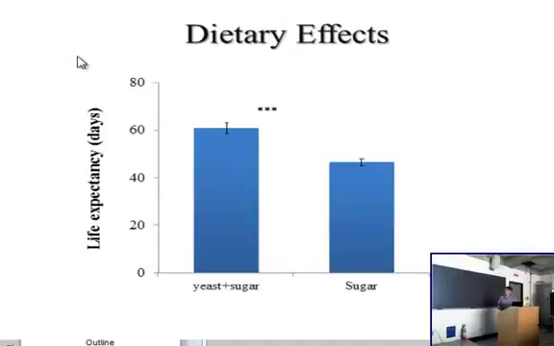So what I first did was give them access to that poor diet and see how that drove their life expectancies. Here we have the life expectancy on the y-axis and the two diet types that they were given. The yeast plus sugar is the same full diet that the females received in the prior study, and it's known to really maximize the male's reproductive ability, its calling rates, and its survival in prior experiments.